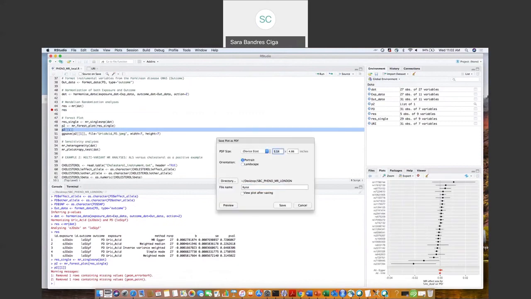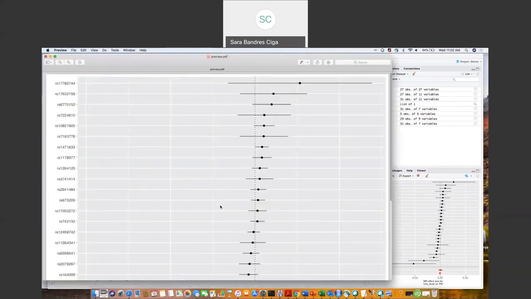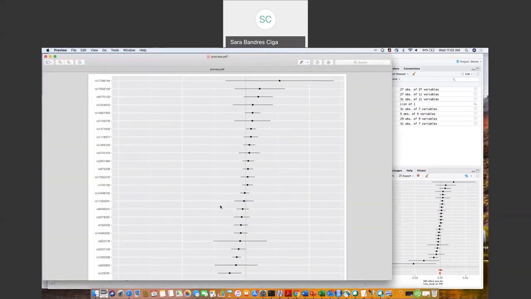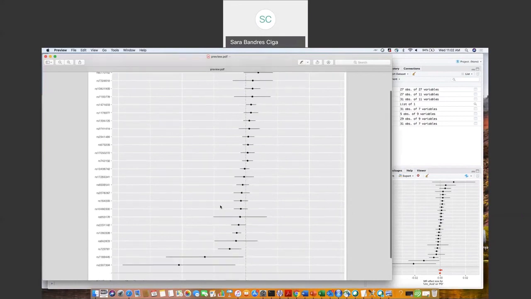Let me visualize it in a bigger way. Yeah, so here it is. Here we have all the SNPs that were significantly associated with uric acid in the exposure GWAS, right? We have extracted those effects from the Parkinson's disease GWAS summary stats, and this is the effect that we observe for each of those particular SNPs that conform our instrument.